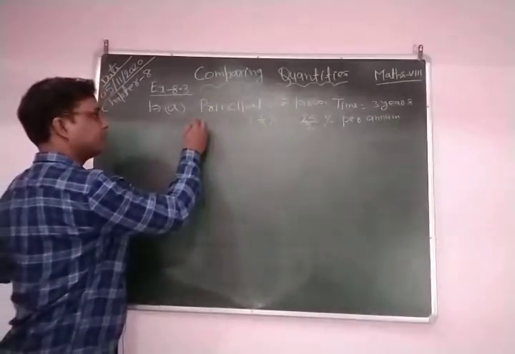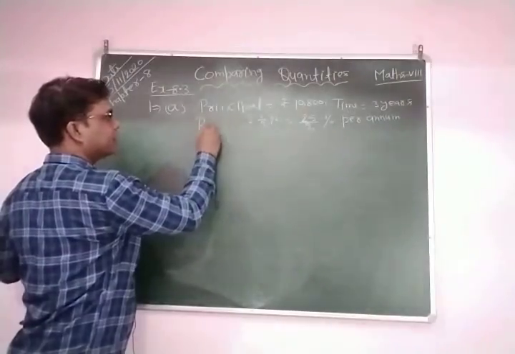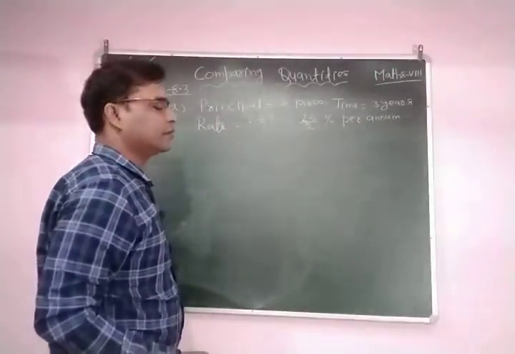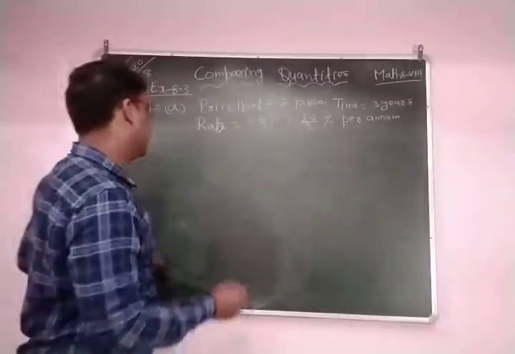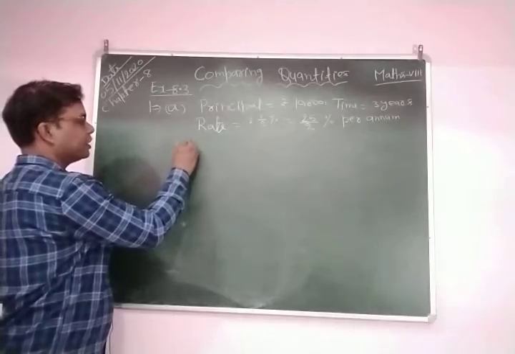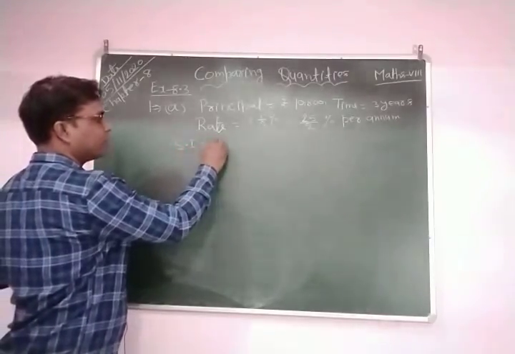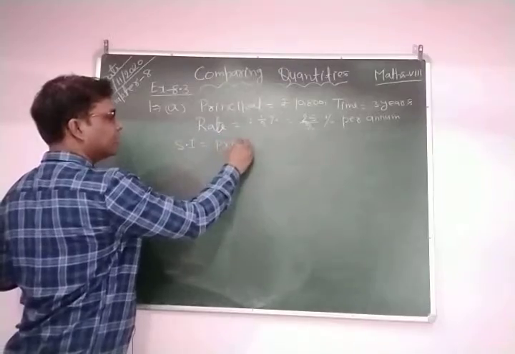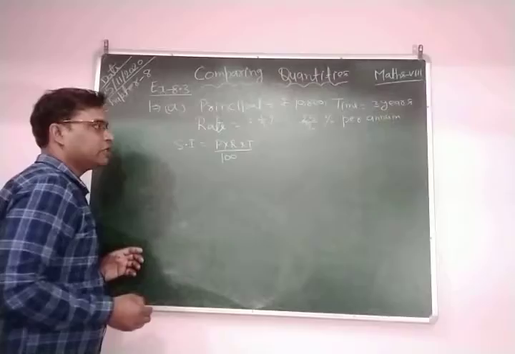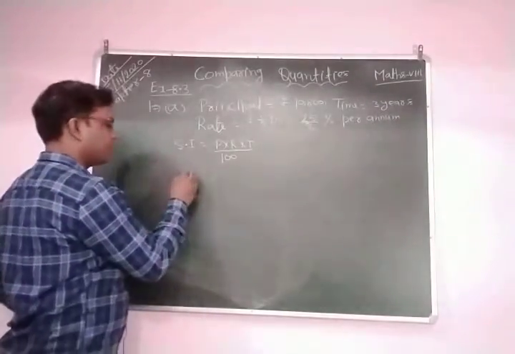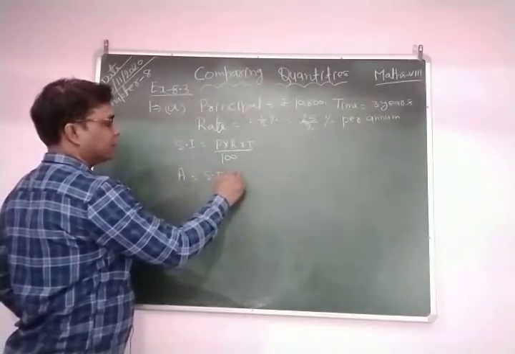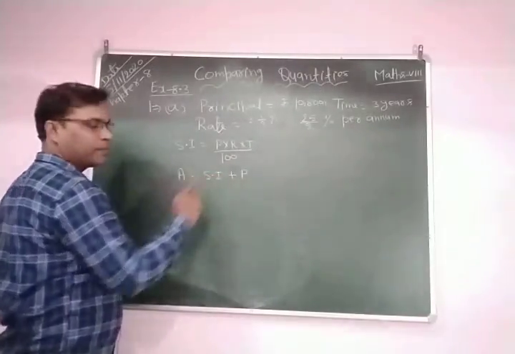Here the rate is given as 12.5%. Okay, so for simple interest, you know very well, SI is equal to P principal, R rate, T time, by 100. Okay, this is simple interest. When we add SI simple interest to principal, then it becomes the amount.